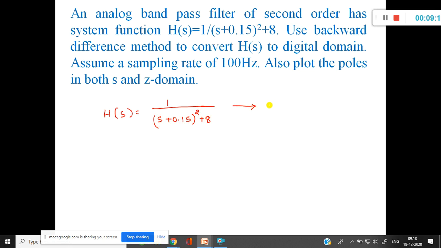Convert H of s to the digital domain using the backward difference method. He has given you the sampling frequency fs equal to 100 hertz, which means that T is equal to 1 by fs, that is 1 by 100.